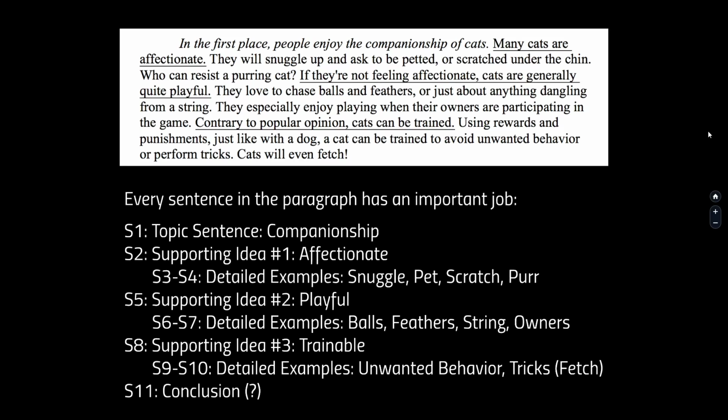Sentence 5, supporting idea number 2, playful. It says cats are playful. Sentences 6 and 7, detailed examples. Balls, feathers, string, the owners, cat toys. Giving us a list of nouns that tells us the cat toys that cats can play with. Sentence 8, supporting idea number 3, cats are trainable.